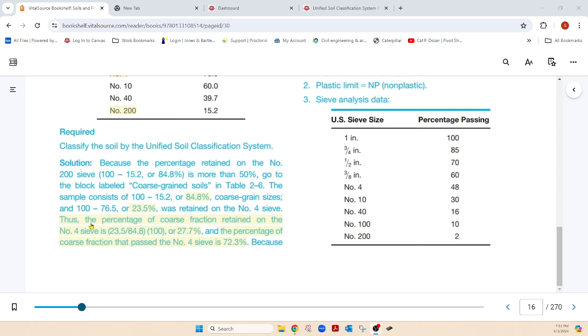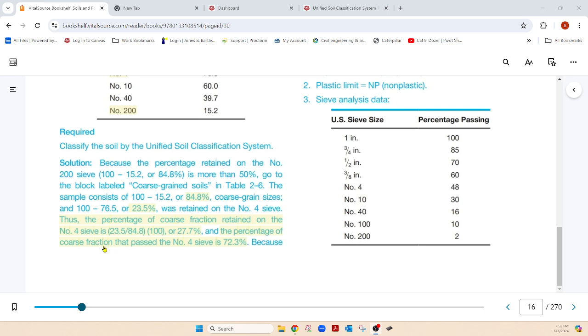So let's read on. Thus, the percentage of this 84.8, the percentage of the coarse fraction retained on the number 4 sieve is 27.7%.